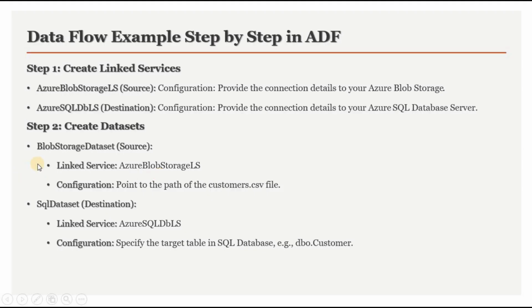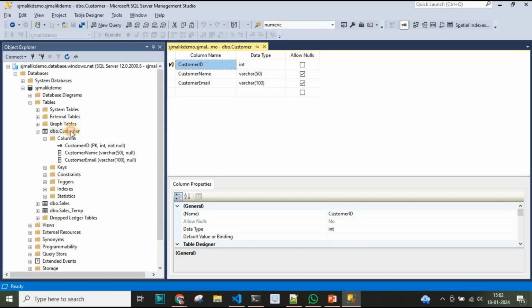So we successfully created both datasets, the blob storage dataset and the SQL dataset. Now we'll test whether the datasets are able to fetch the data from the CSV and also the SQL DB. If I check the customer table, it will have some sample data.